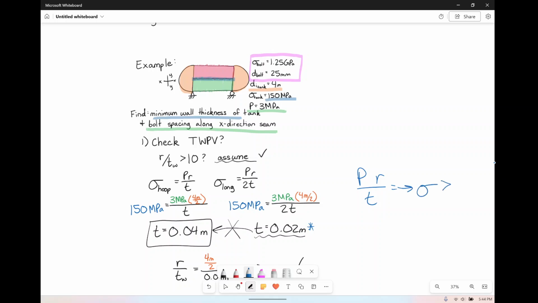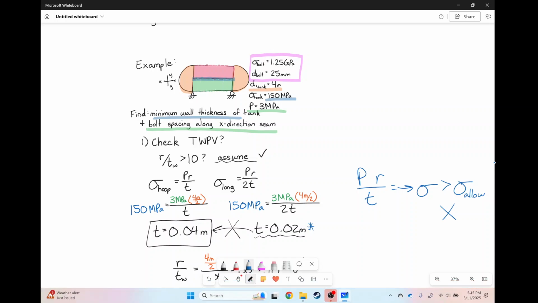If your stress is greater than your allowable, then obviously that's no good. So then you know you picked wrong. So when in doubt, always, always, always check your work. But that's all there really is to thin wall pressure vessels.